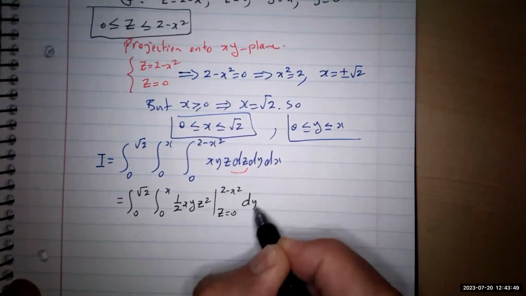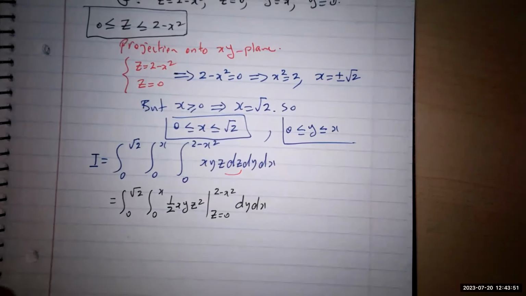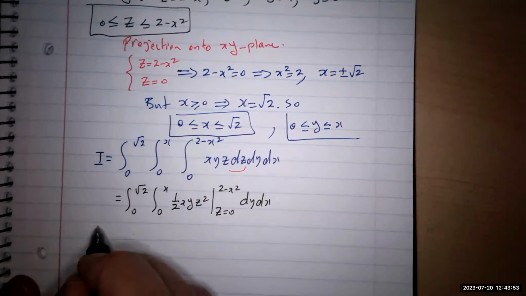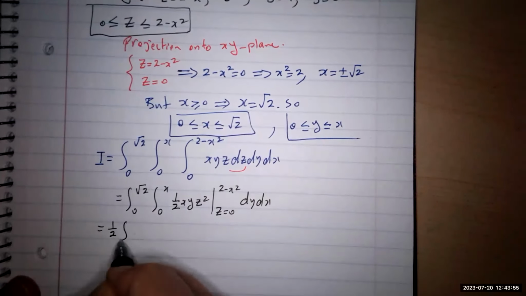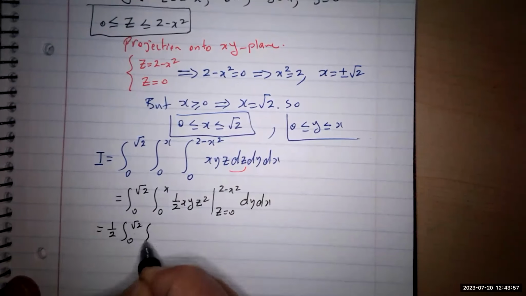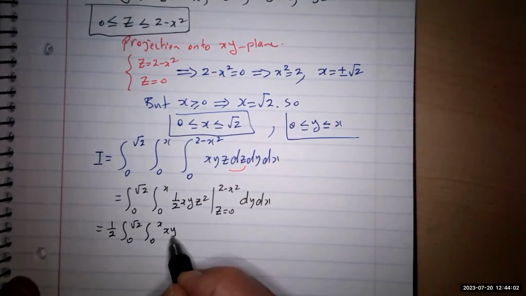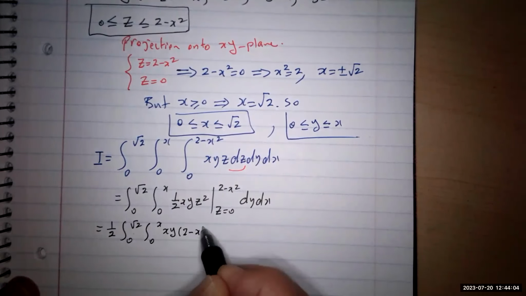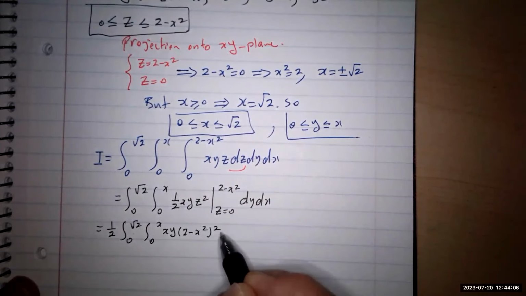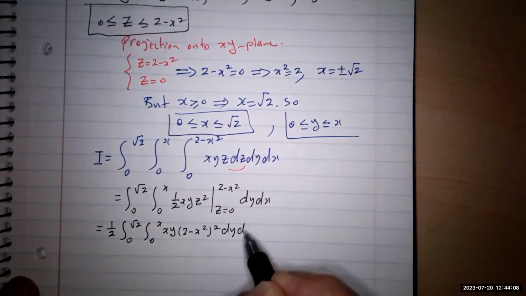And then we come back and you take the rest. If you put the 0, we get nothing. You can pull out the 1/2. It's going to be 0 to radical 2 and 0 to X. So that gives you XY times 2 minus X squared, all squared. Okay, then you go with the dy and the dx.